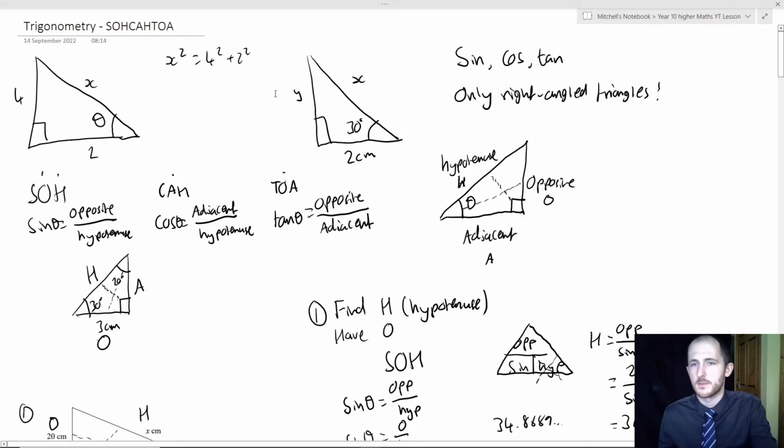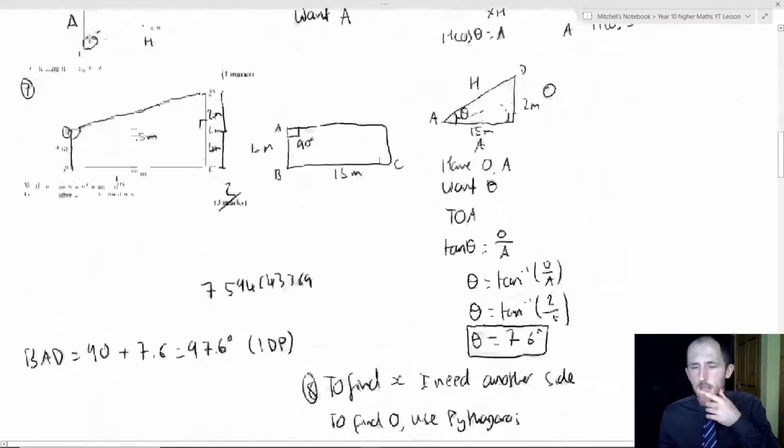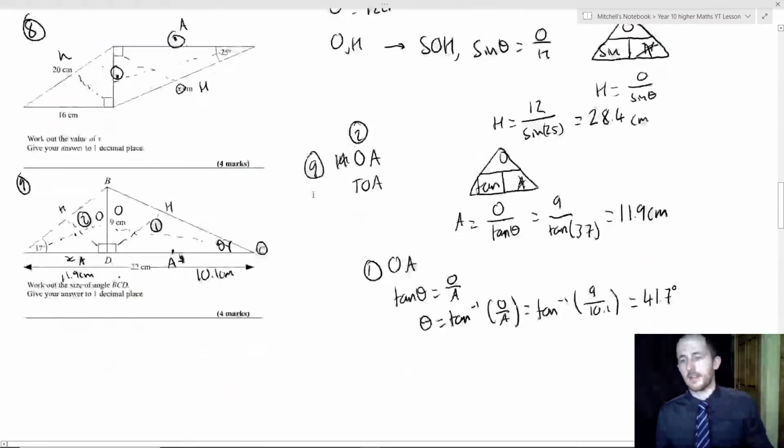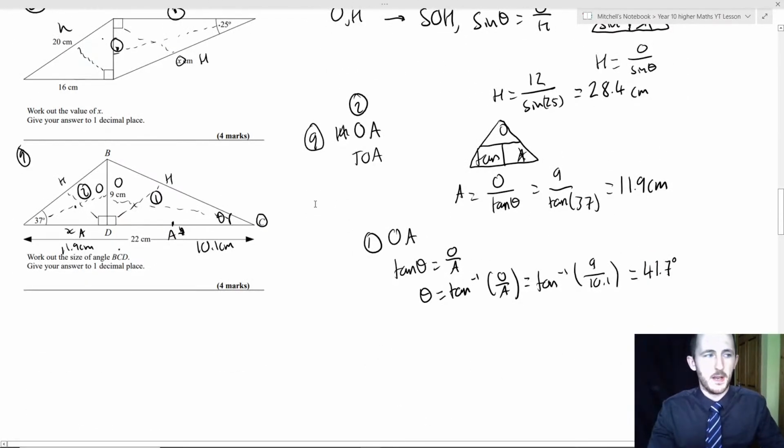If we just say that this lesson was SOHCAHTOA, we can continue from this, because I don't think we have time to really go through the sine rule as well. It's a whole new concept and we only have 15 minutes left. So I think we won't do that today.